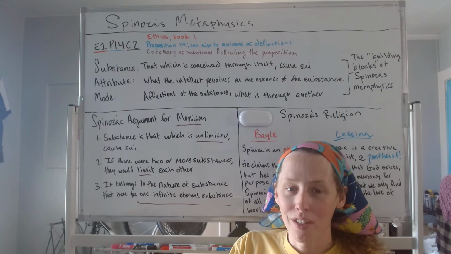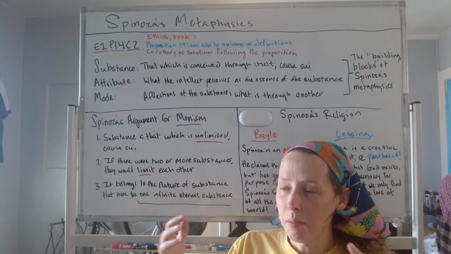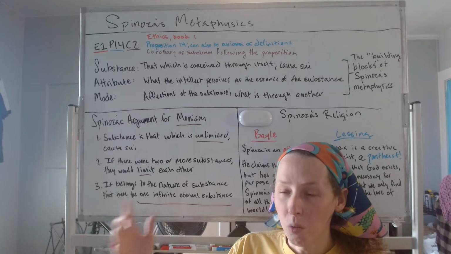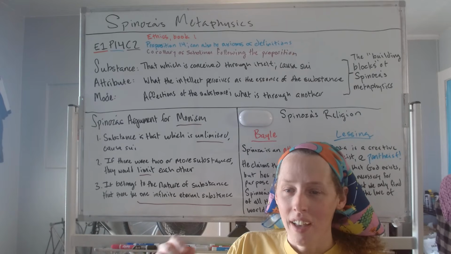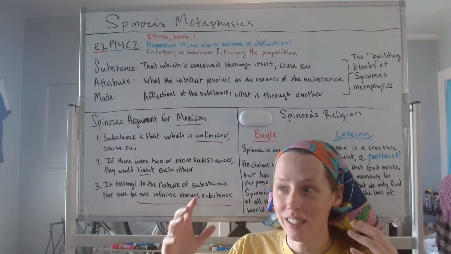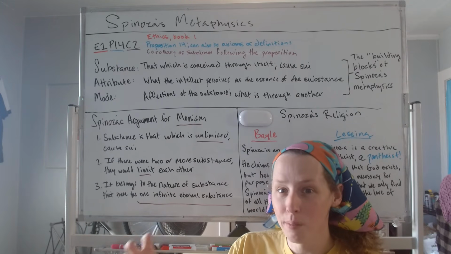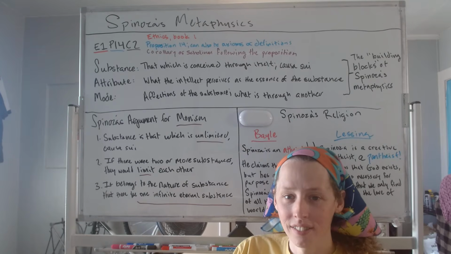In other words, if there are two or more substances in the universe, then there's something in the universe, namely substance 2, that substance 1 is limited with respect to, right? If there are two substances, then substance 1 is limited, it is finite, it is conditioned by substance 2, and vice versa, right?